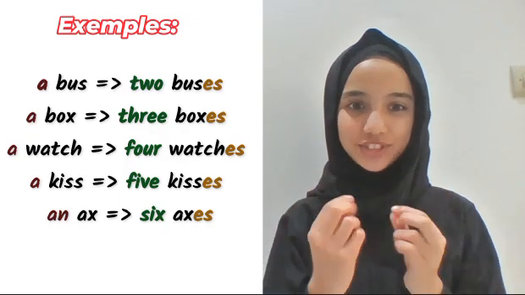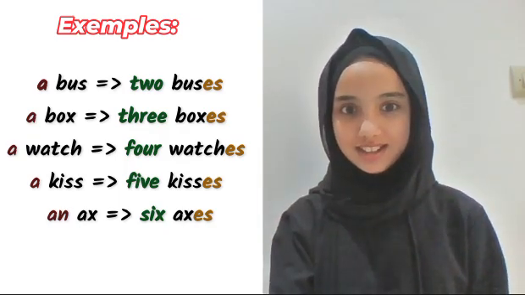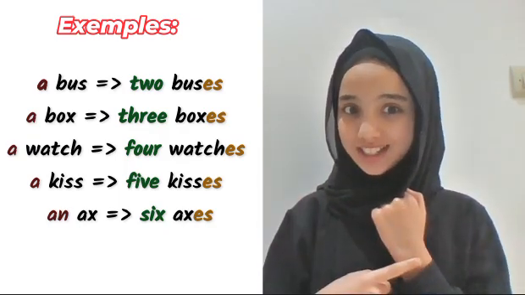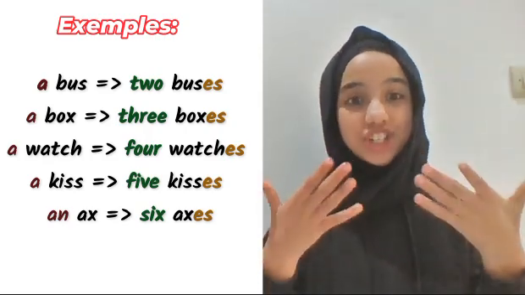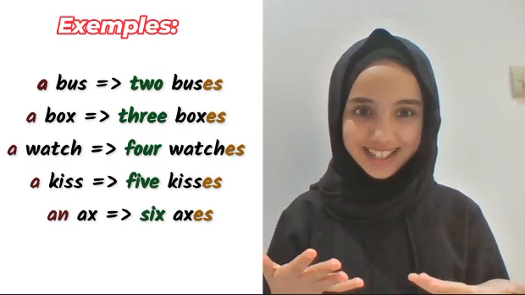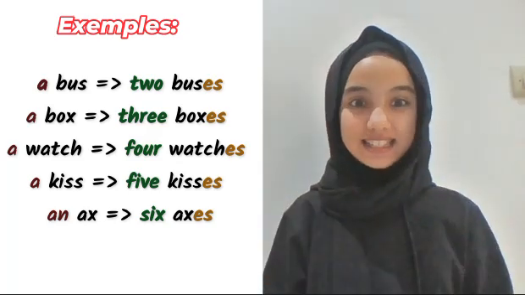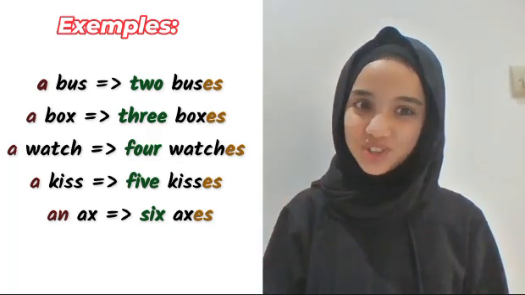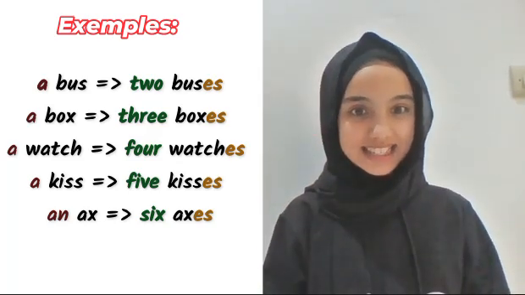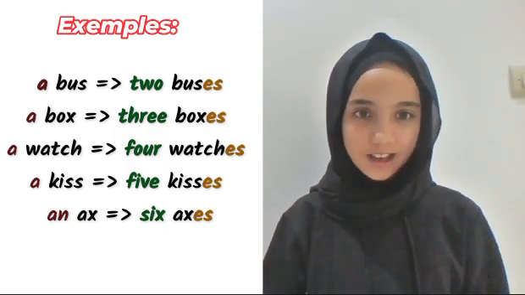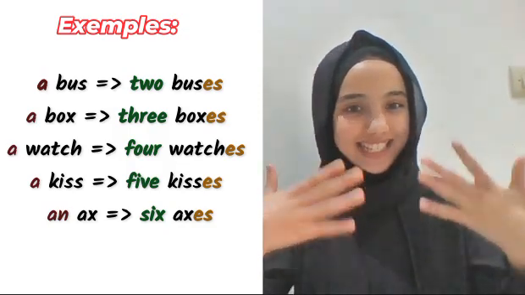You see the difference just in the pronunciation. A watch, 3 watches. A kiss, 4 kisses. And the last one, an axe, 5 axes.